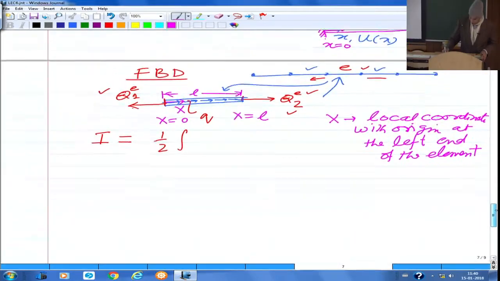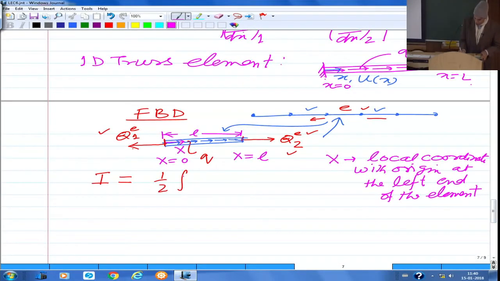Then I want to write this integral now, because the integration is only over this particular element, so I can do that integration with respect to the element level coordinate system. The element level coordinate system goes from 0 to small l, and we had here EA into du by dx. This I had done, so I am taking it as it is.